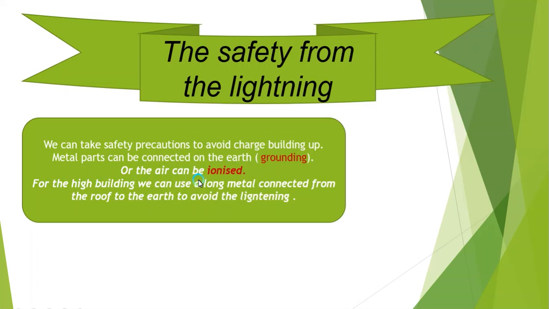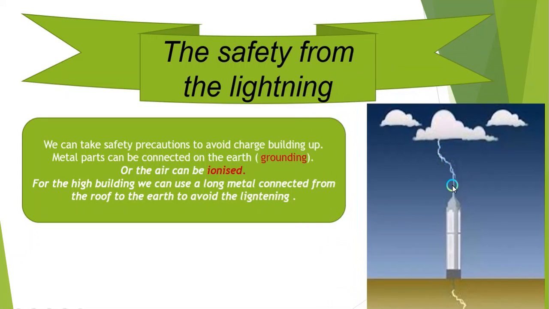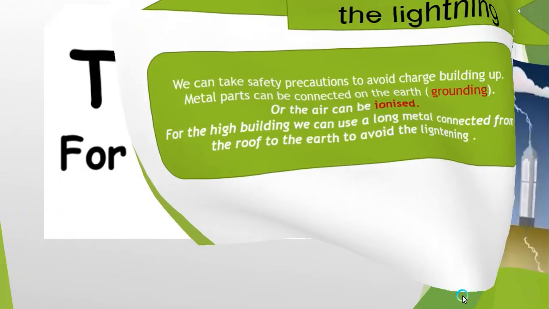So for a high building, we can use a long metal rod connected from the roof to avoid lightning being formed. This long metal is connected inside the building and will release the lightning or the electricity into the ground, as we're going to see here.